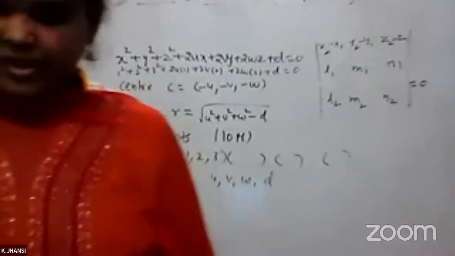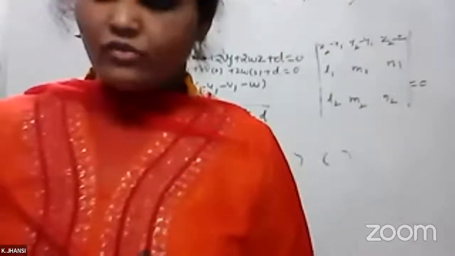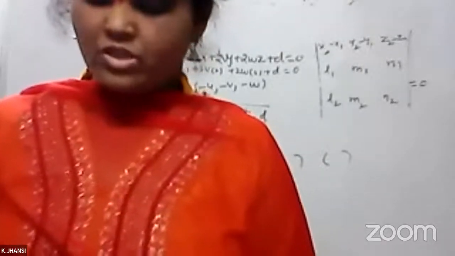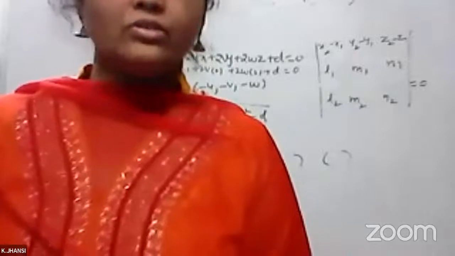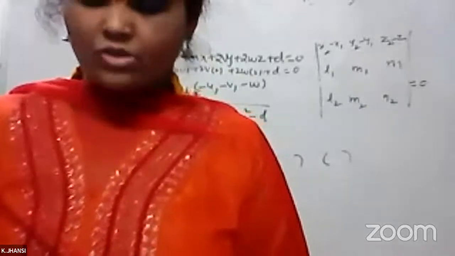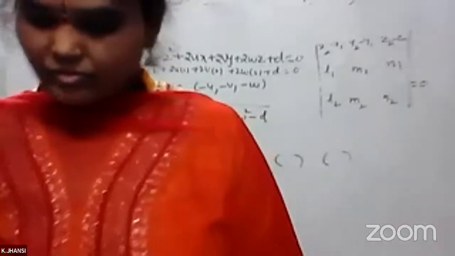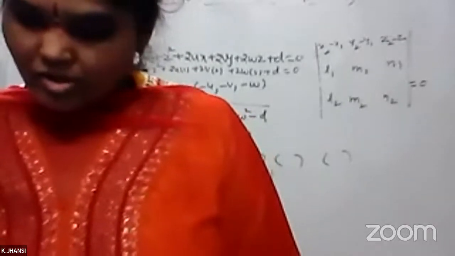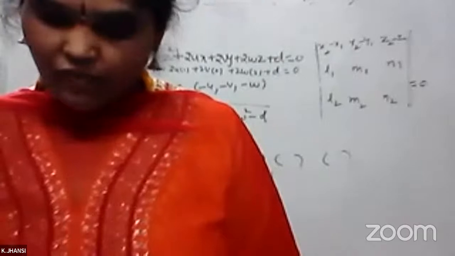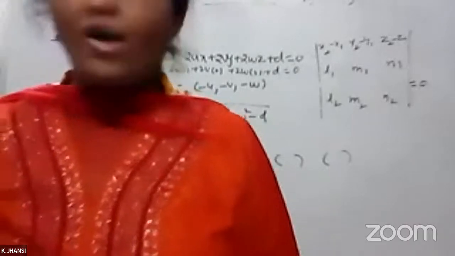Next, on page number 209, you have the angle of intersection of two spheres. So this is also an important proof. You may get it for 10 marks questions in the 8th unit. Next, in the 9th unit, we have finding the condition of orthogonality.